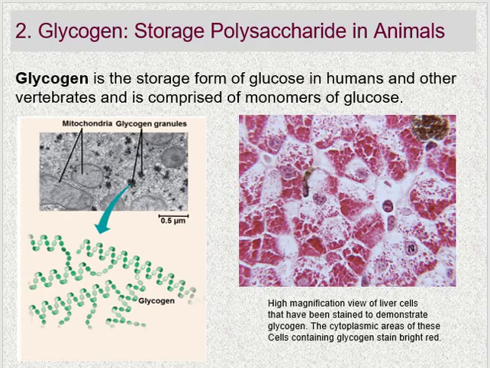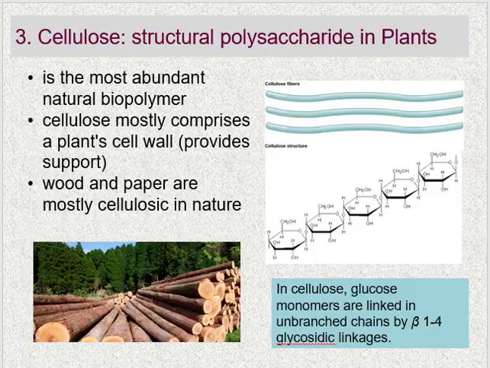Glycogen is the animal equivalent of starch, or in other words, it is the storage polysaccharide in animals. It is a highly branched molecule usually stored in liver and muscle cells of humans and other vertebrates. It is composed of multiple monomers of glucose. Whenever blood glucose levels decrease, glycogen breaks down to release glucose.